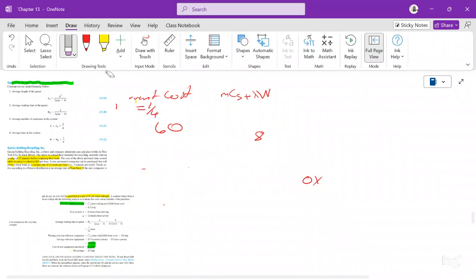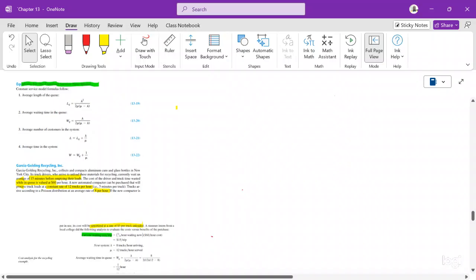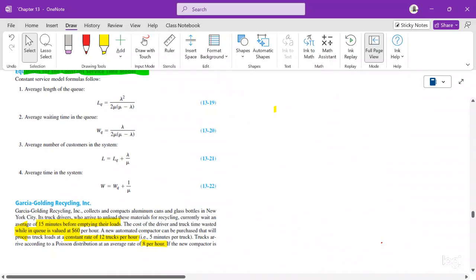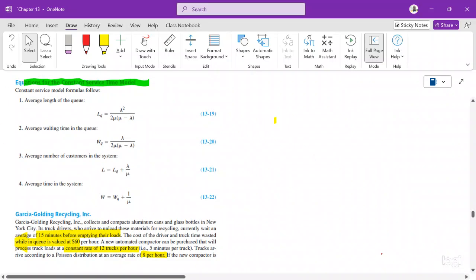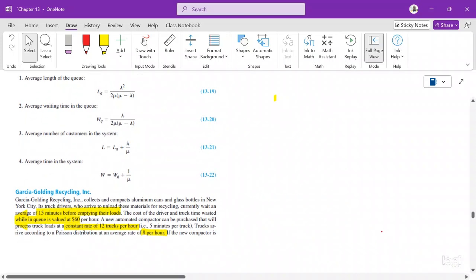So trucks arrive at an average of 8, and the ones that are being serviced are 12. So 12 trucks per hour, 8 per hour. Okay, which is good.